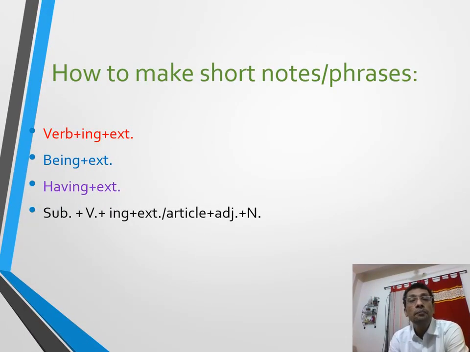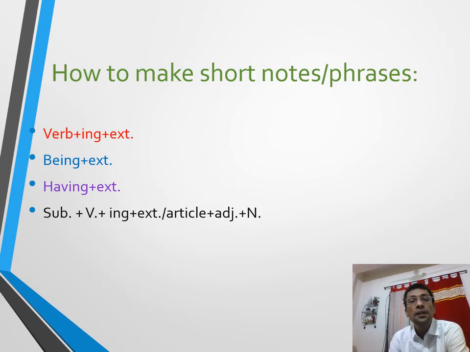Flowchart is really very tricky and a little bit strategic. You must follow a strategy to make the short notes. These are the structures of the short notes that you will make. You will have to make it with verb plus ing plus extension.